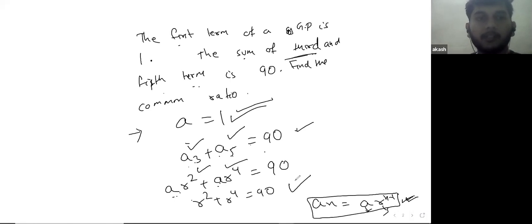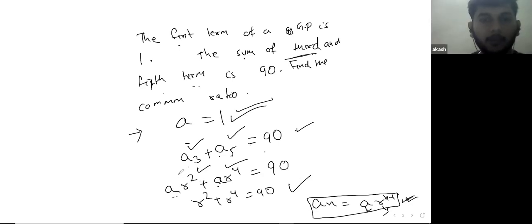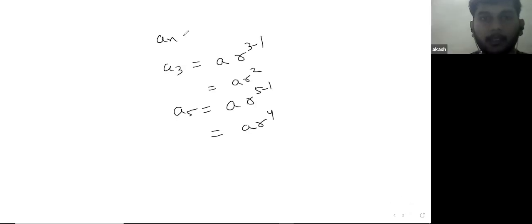Please you also write this down. Yes, sir. Sir, how did you get A R square and A R 4 also? Yeah. Are you asking me how we got this? Yes, sir. See, in the formula, An equals to A R raised to n minus 1, this gives us the term, right?